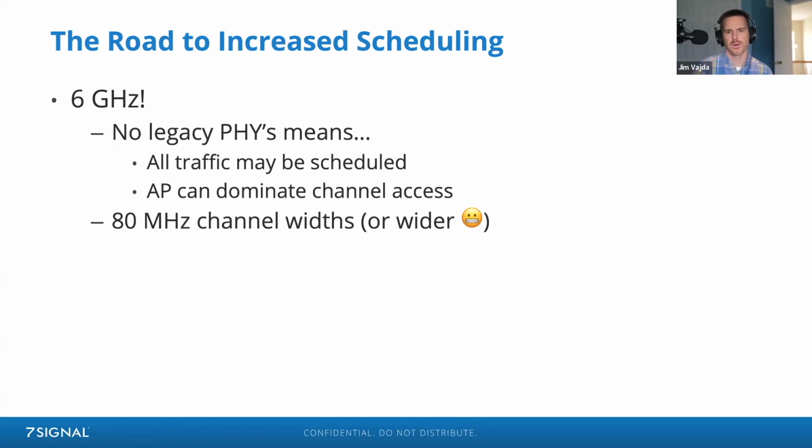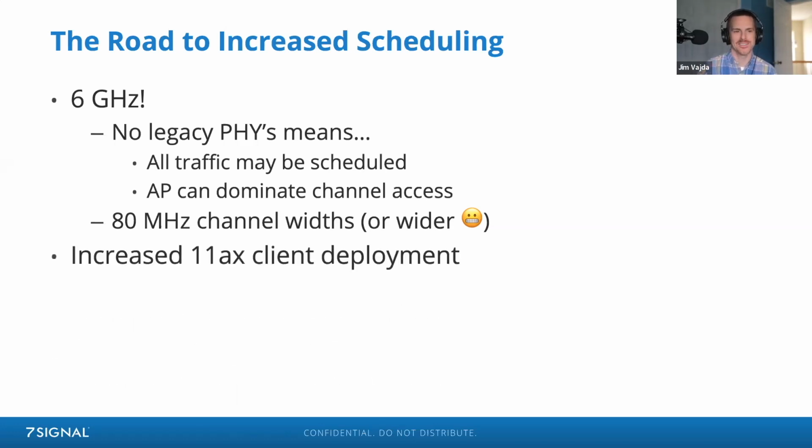That means more simultaneous clients can be scheduled at once. And eventually we'll even be able to go up to 320 megahertz channel widths with 802.11be. That's another story.